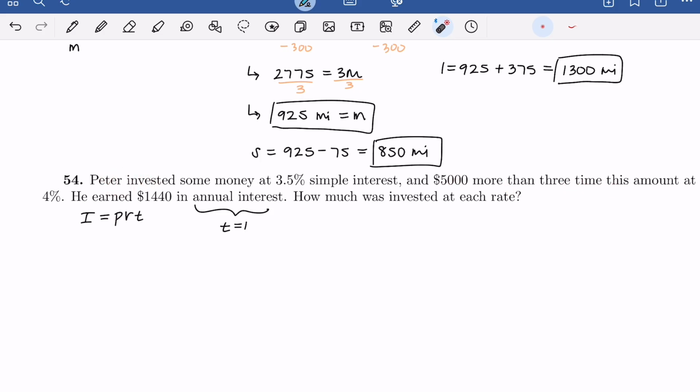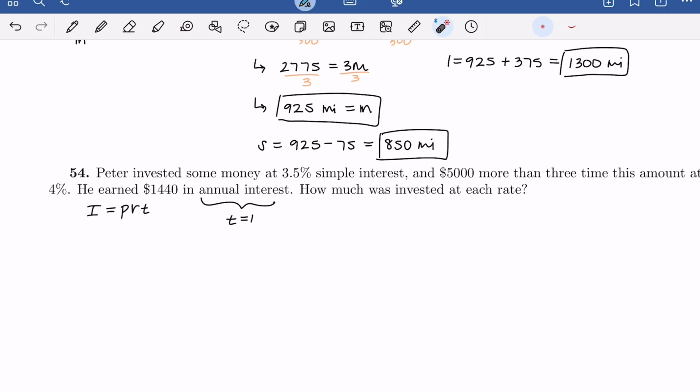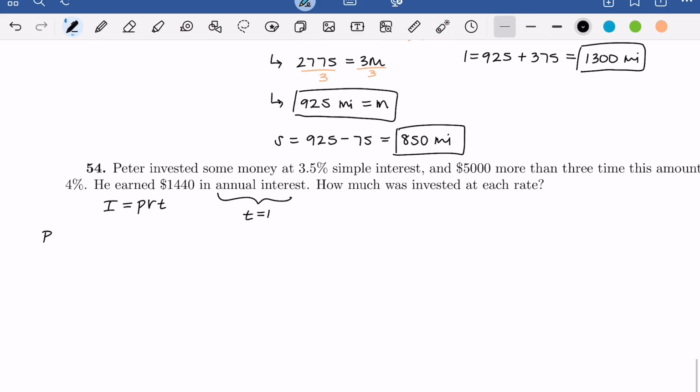So we are going to label some stuff so we can keep track of all of this information. I'm going to call the first principal P1, and that is going to be the money invested at this 3.5%. Now, our second principal, P2, is going to be the amount invested at the 4%.